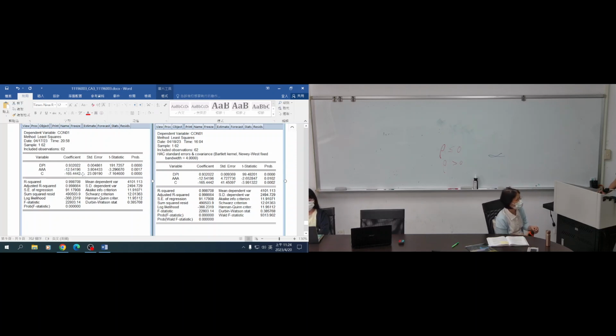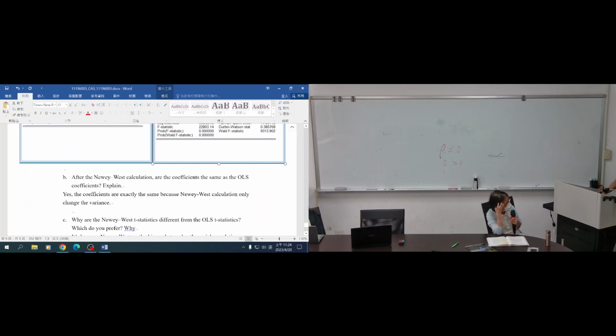As you can see, the coefficient here is the same. However, the standard error increases, and the probability is almost the same. So I think the biggest change is that the standard error increases a little bit.